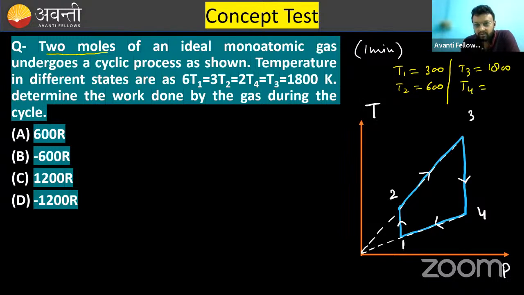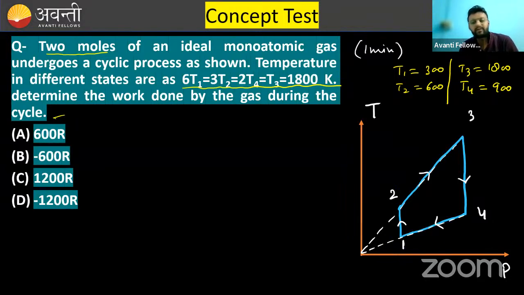And T4 is 900. I think this is not a difficult part for you, no? This equation gives the temperature of all the states: state 1, state 2, state 3, and state 4. Clear? Determine the work done by the gas during the cycle.